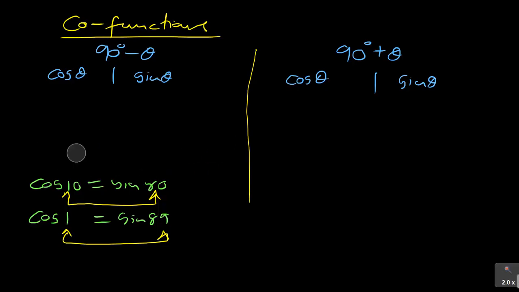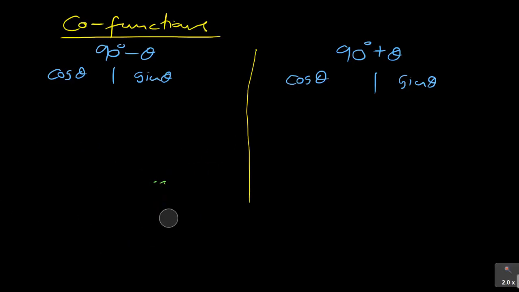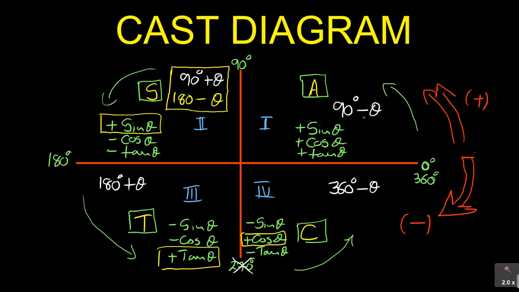Let me further write it like this. Remember I said cos 60 was equal to sine 30. 60 plus 30, remember, was 90. So if I say to you cos, where do I find 60? 60 is in the first quadrant, and in the first quadrant is 90 minus theta.